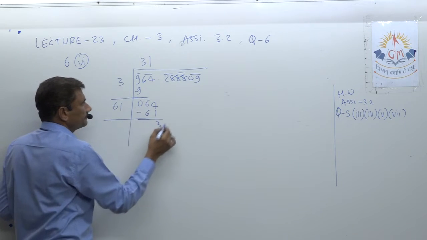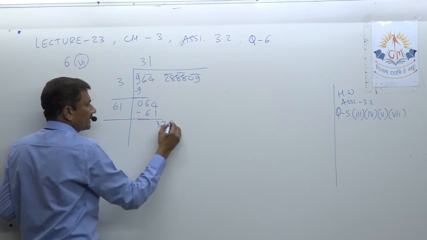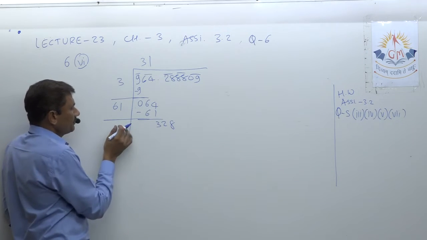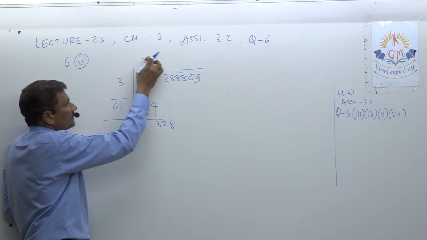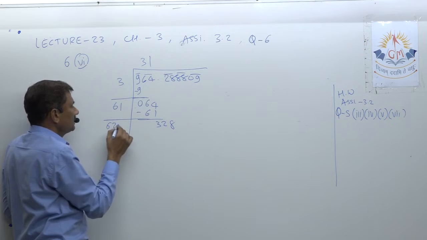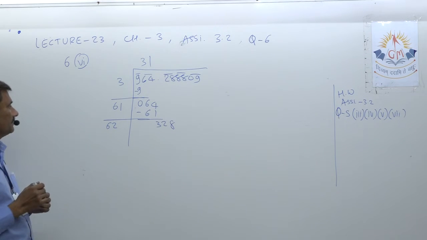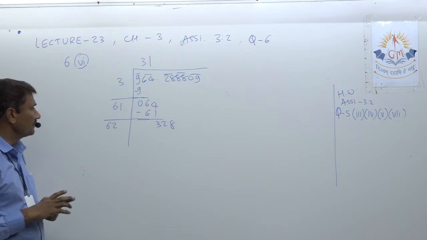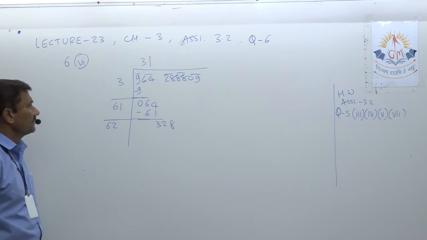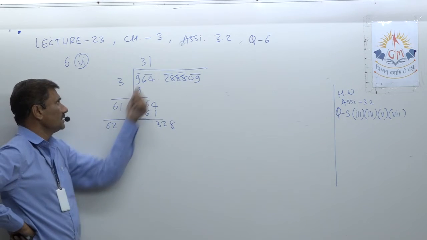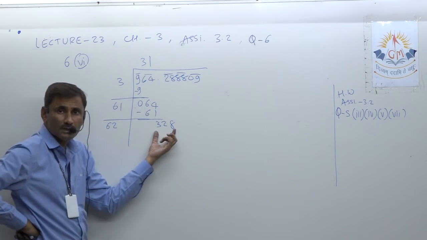Now bring down the next pair. Before starting the third step, whatever is here, double it and put it here, 62. Now you try 621 into 1, 622 into 2. The minimum number will be 1. So 621 into 1 is more than this.